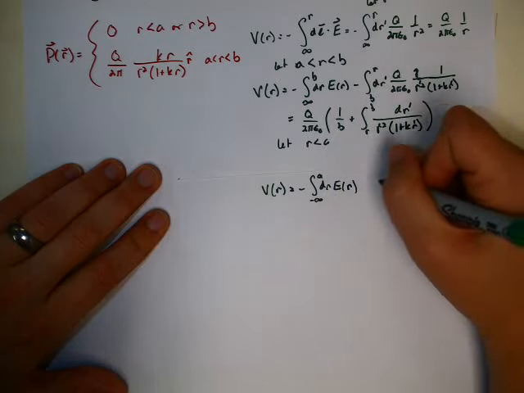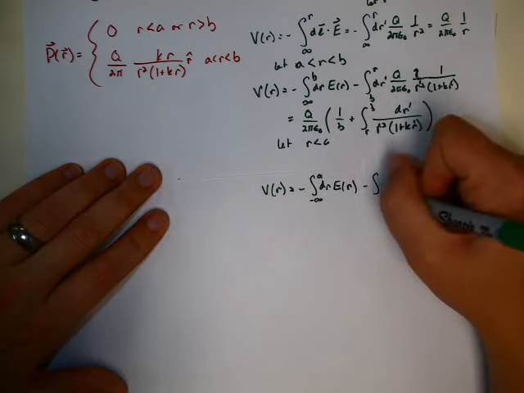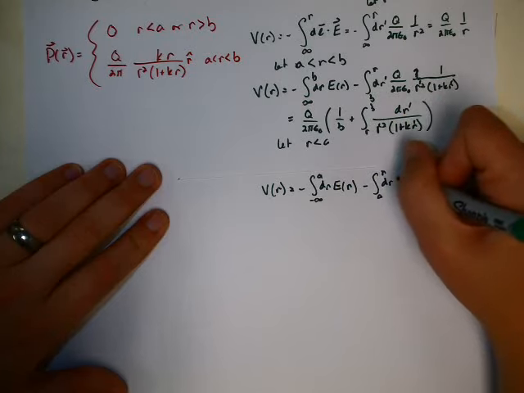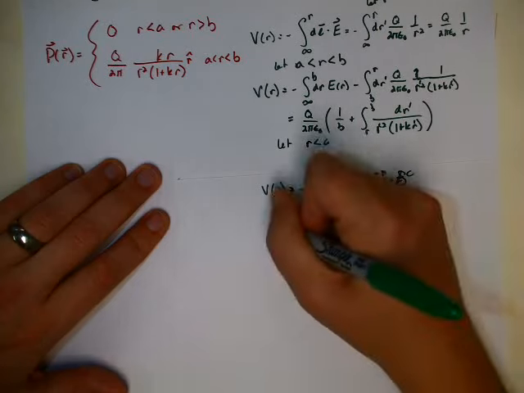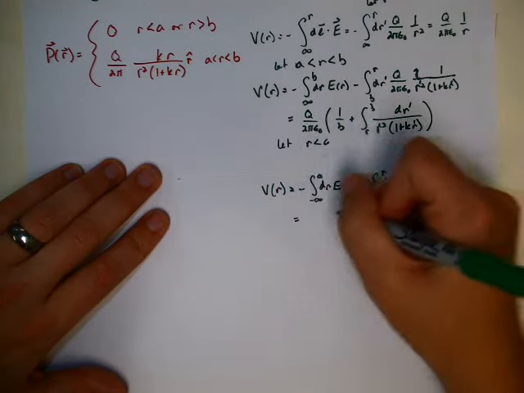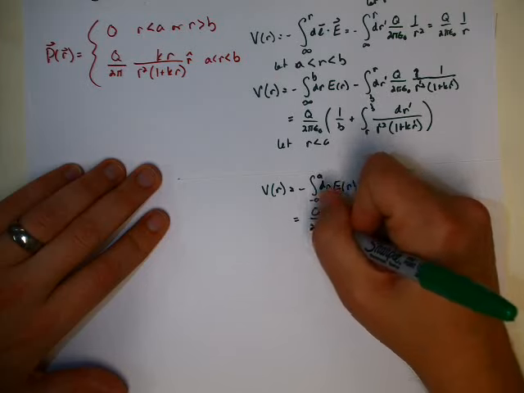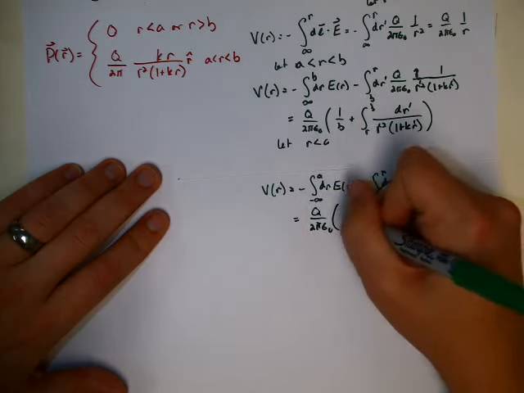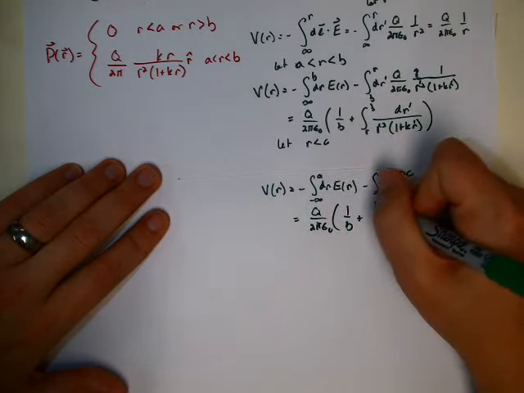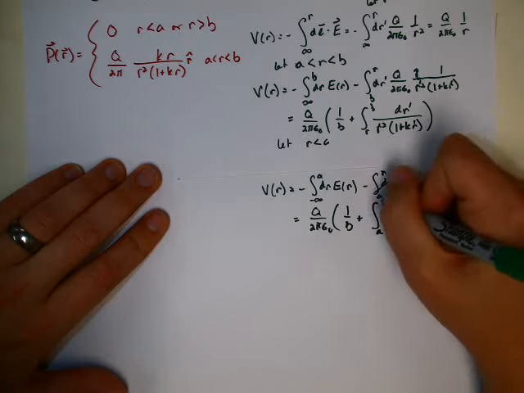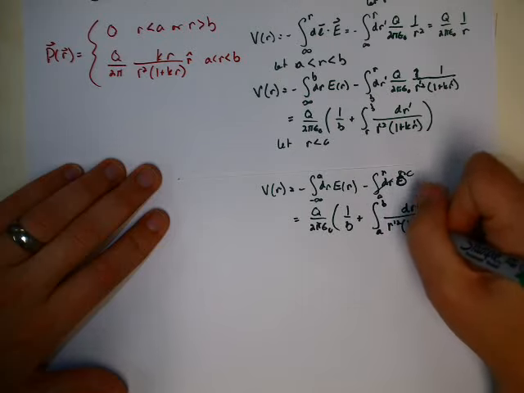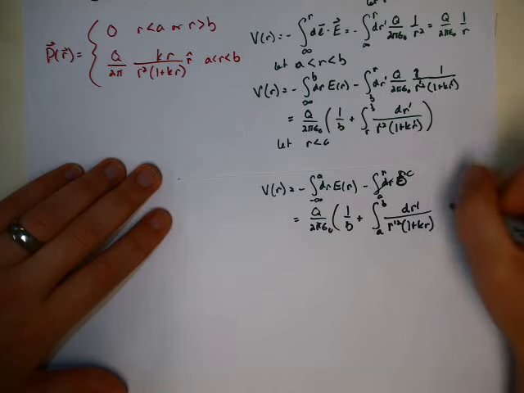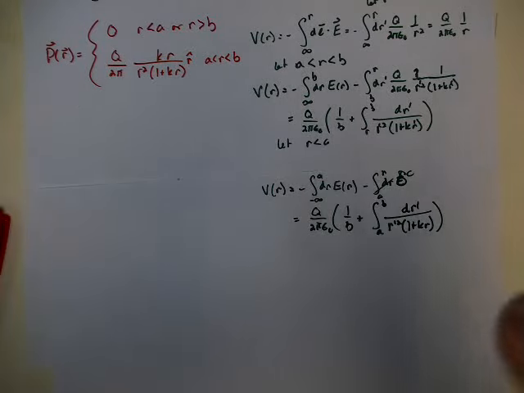And the next term would then be minus the integral from a to r, dr E, and this is 0 because we're in there, so that part is just going to be 0. So this last part is just going to be the same thing that we have above, q over 2 pi epsilon naught, 1 over b plus the integral from a to b, dr prime over r prime squared, 1 plus kr. And so that's the expression that we have.